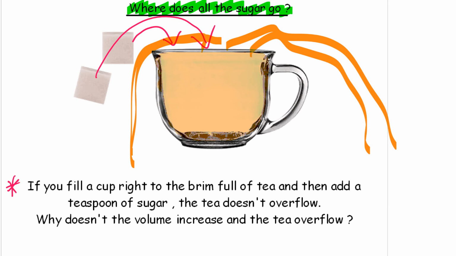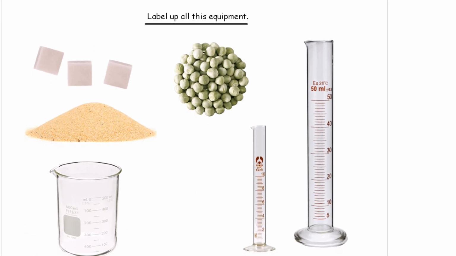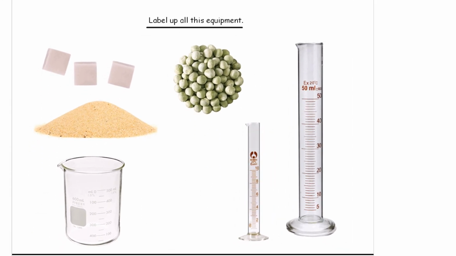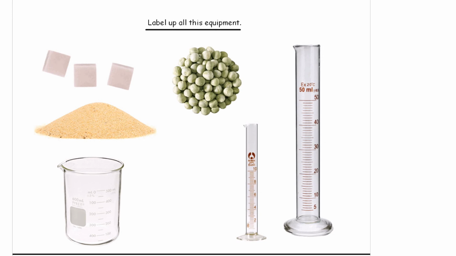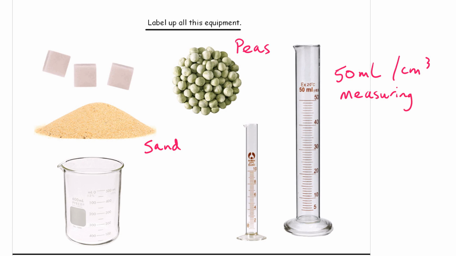Well, to work this one out, we're going to use, in the first instance, some peas and some sand and a 50 milliliter or centimeter cubed measuring cylinder, a 10 milliliter or 10 centimeter cubed measuring cylinder.